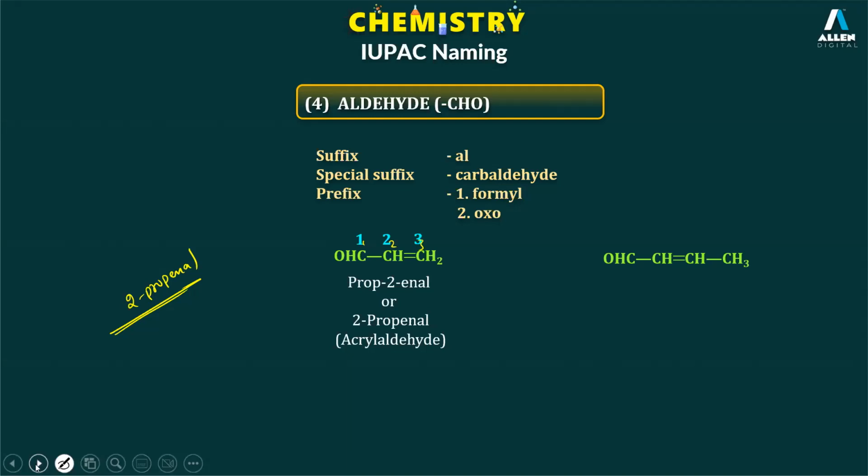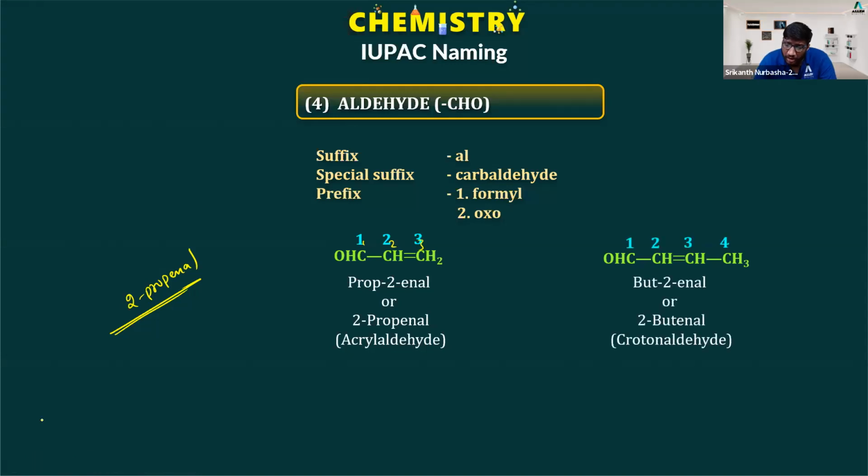Whenever we have an aldehyde, you don't need to represent 1-al, because if C double bond O is in the middle, then it should be a ketone. Yes or no? But-2-enal or 2-butenal or crotonaldehyde. Why am I not representing 1-al? Because if it is an aldehyde, it has to be the terminal functional group. If it is in the middle, it will be a ketonic group.